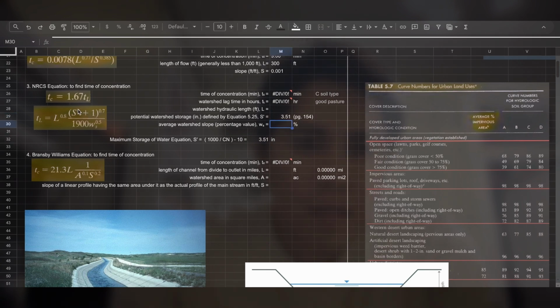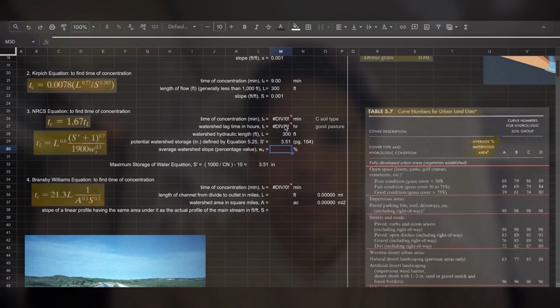Now that we have the saturated storage value, we also have that the length is 300 feet. And our slope, we need to give it in a percentage, not as a decimal, so that would be 0.1. And now we have the watershed lag time here, which is about 0.446, and that gives us hours.